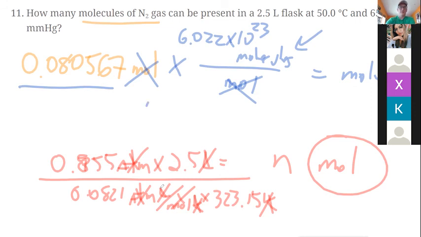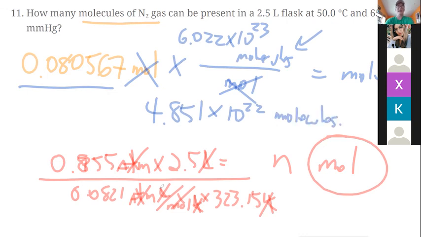So 4.851 times what? 10 to the 22nd. Okay, yeah, that makes sense. Molecules. If you ever wondered how to do that.